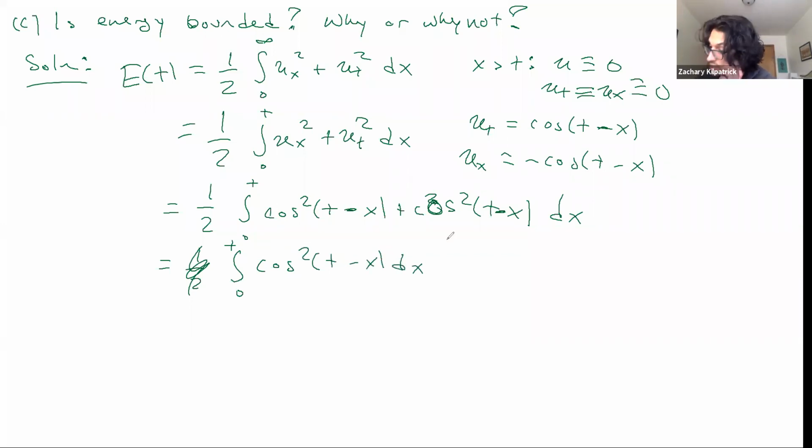I can also make the change of variables z equals t minus x. And I get the integral from 0 to t of cosine squared of z dz, right?